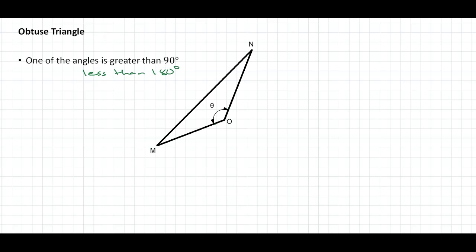You can see here that it's greater than 90 degrees. If you put your protractor here, or if you're able to trace this down right here, you can see that this is probably 90 degrees here, and then you have an angle that is greater than 90 degrees. So this is your obtuse triangle, simply because one of the angles is an obtuse angle.